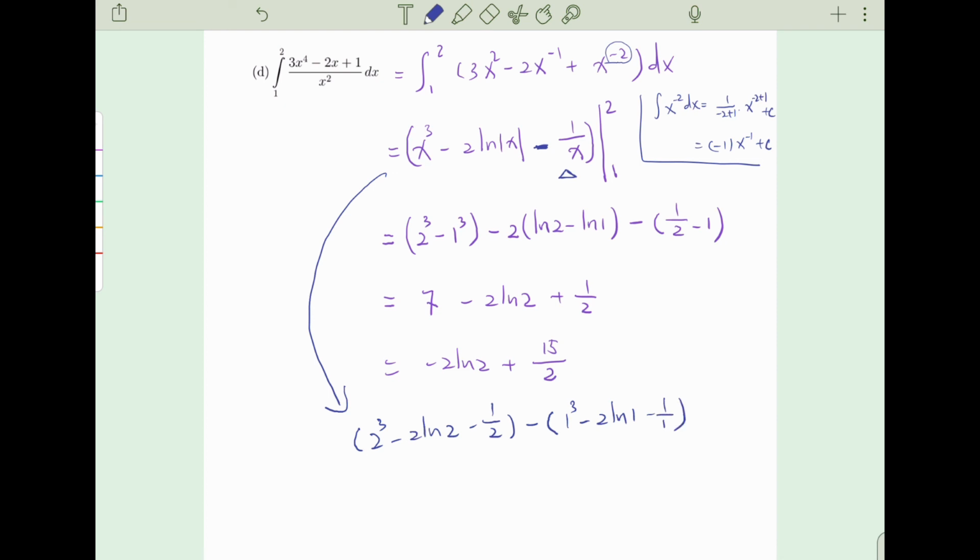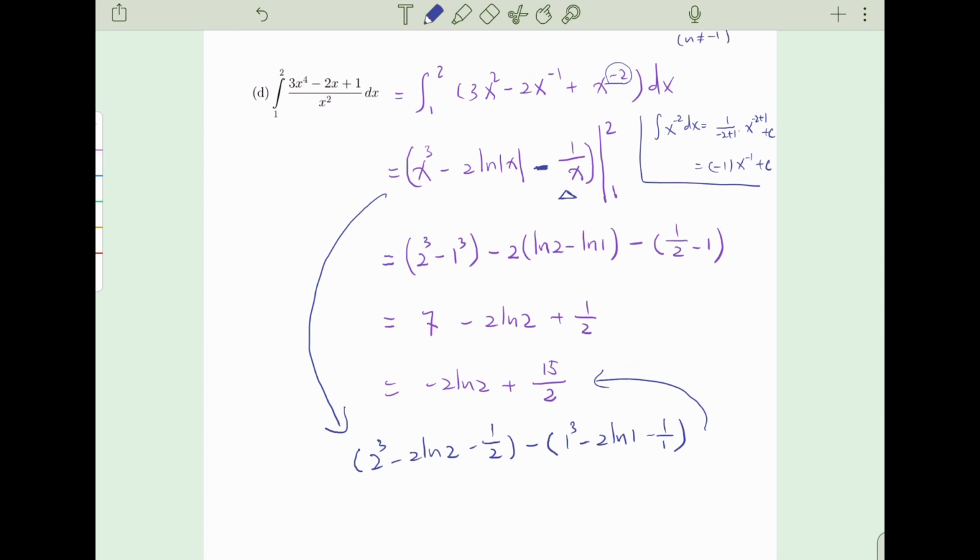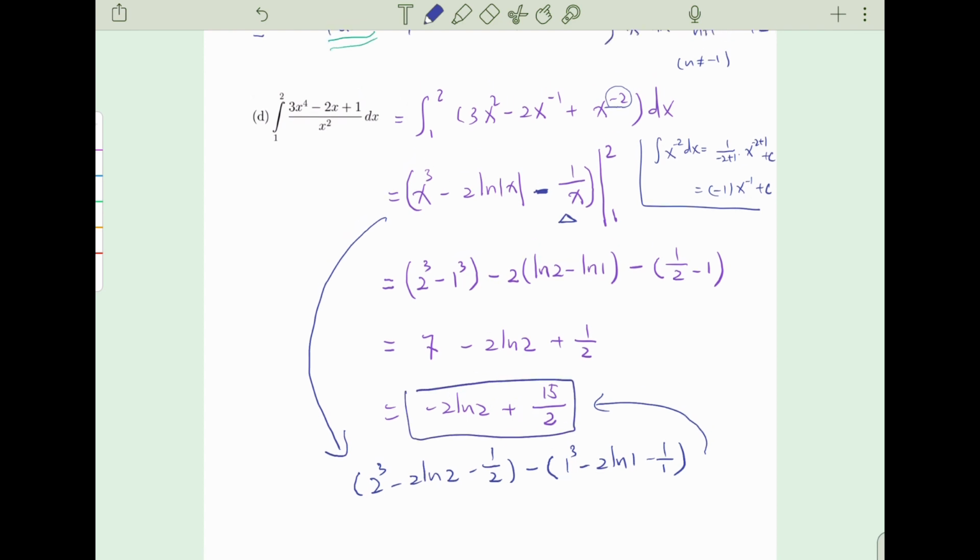You will get the exact same answer. I just prefer to do it the first way so that I can do the subtraction for similar terms, because you will need to move the terms afterward anyway. So that is our definite integral for question D here.